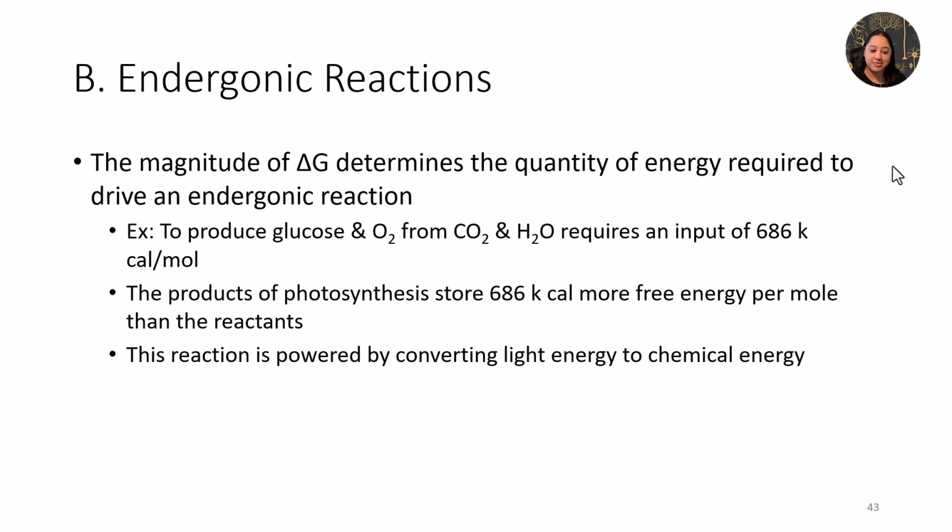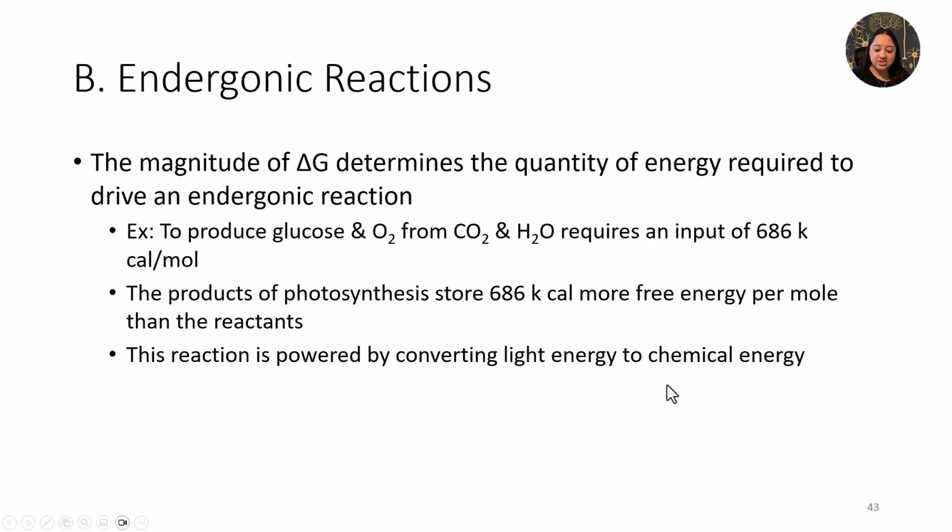It's exactly how much we have after we break down a molecule of glucose. The products of photosynthesis, glucose and oxygen, end up storing 686 kilocalories more free energy per mole than the reactants. This reaction is powered by converting light energy to chemical energy.